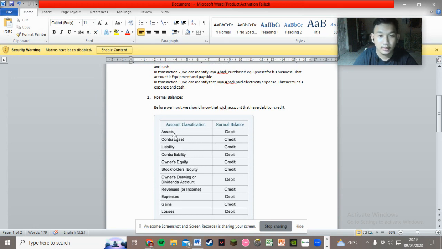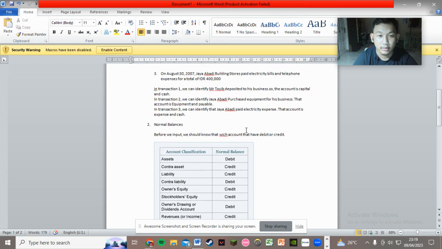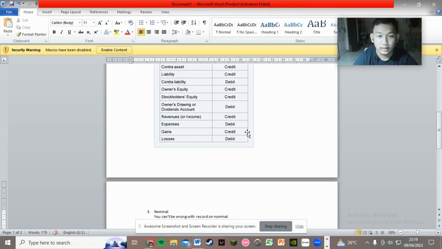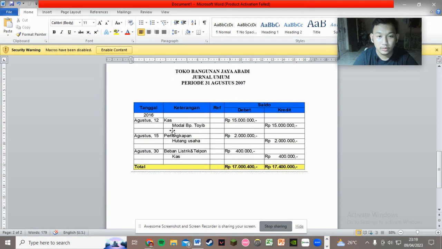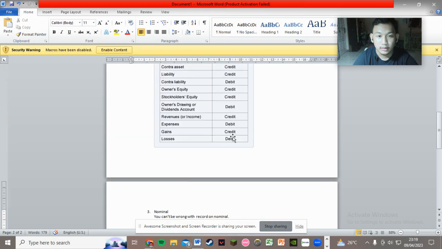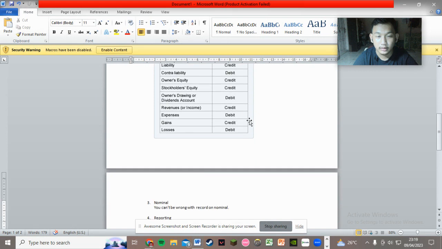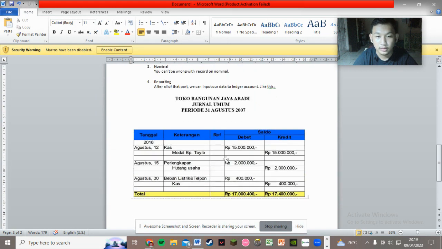Equipment is an asset that will increase in debit because the equipment increases by 2 million. We will report the 2 million to credit for the payable, which is a liability. The payable is increased too, so it will increase in credit. So this transaction will be reported like this in the general ledger.